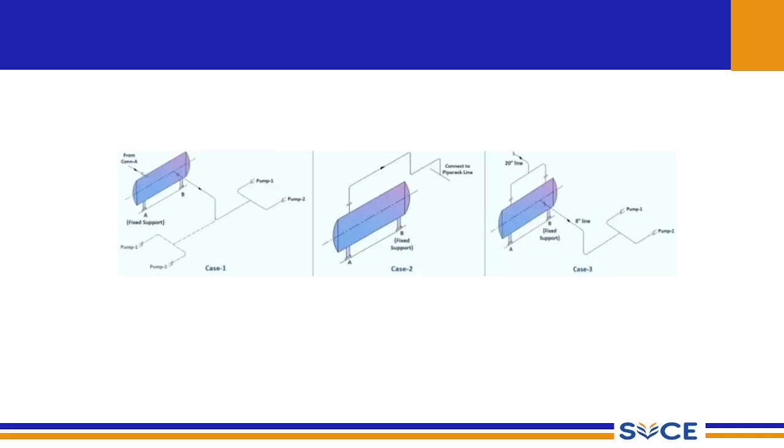Next case scenario, we are going to look at the installation of fixed supports. Here you can see there are pumps which transport the fluid. This is a storage vessel from which you connect a pipeline, and the pipeline is connected to two pumps.